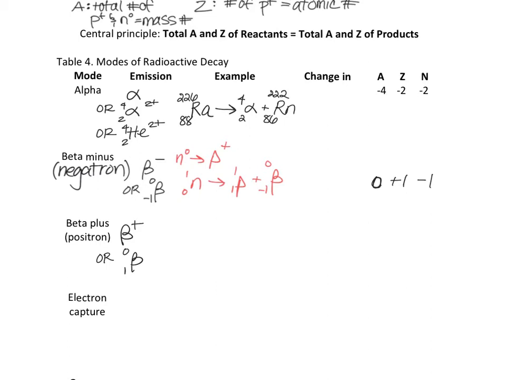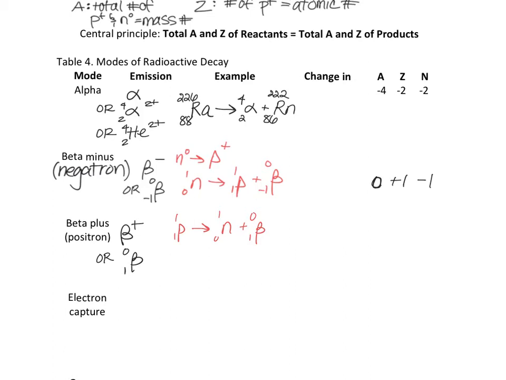In beta plus, or positron emission, a proton is being converted to a neutron, and what's being emitted is a positron. A positron is the antimatter of an electron. I know, it sounds weird, right? Just the exact opposite in charge, except it has the same mass and same other features as an electron, except that it is positively charged. It is not a proton, it is a positron.